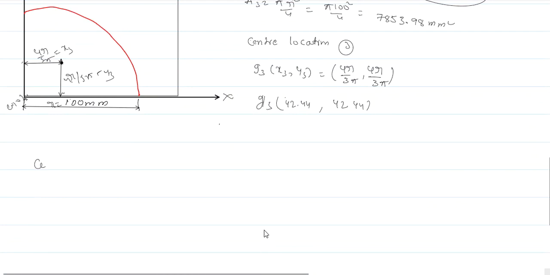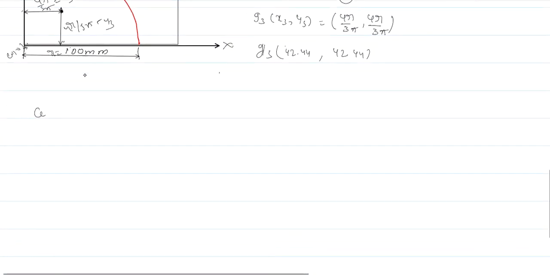Now, very important one, the centroid of the shaded area.